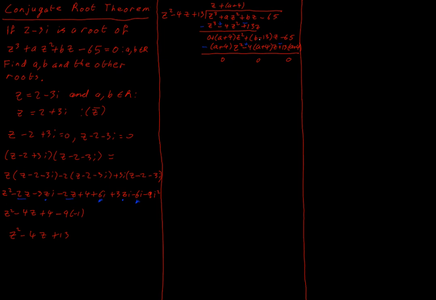Therefore, I can say that b minus 13 plus 4 times a plus 4 is equal to 0. And I also know that minus 65 minus 13 on a plus 4 is equal to 0.